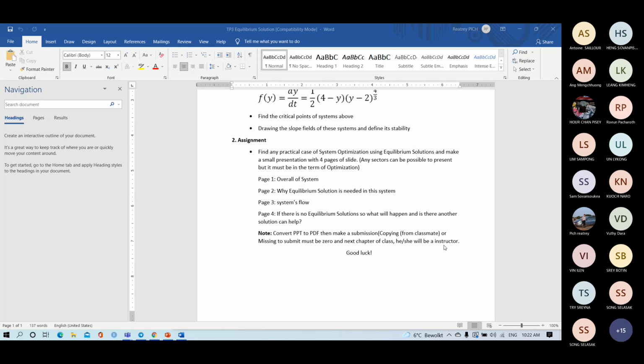And then you ask me about the second page. Why equilibrium solution in this net? Because we use equilibrium solution to find the coefficient, to find the rate of the coefficient to balance between demand and supply of the company to the customer by equations ABCD and equilibrium points ABCD EFG.